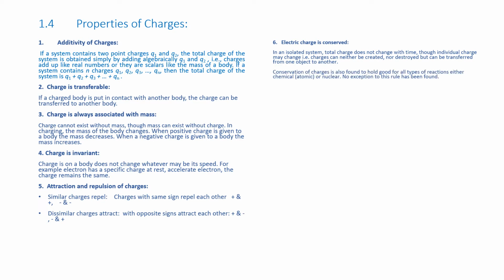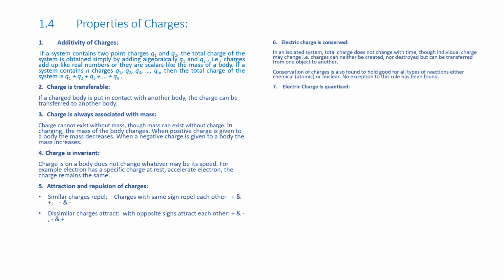Conservation of charge is also found to hold good for all types of reactions, either chemical or nuclear. No exception to this rule has been found. That means whether it is a chemical reaction, atomic reaction, nuclear reaction or electrical action, the total charge remains the same and does not change with time.